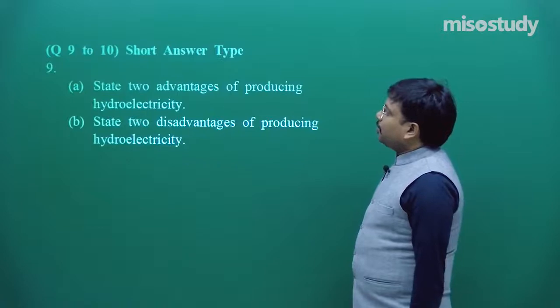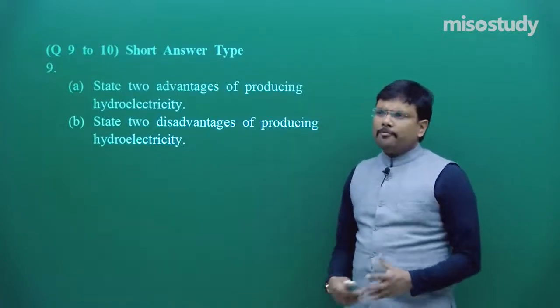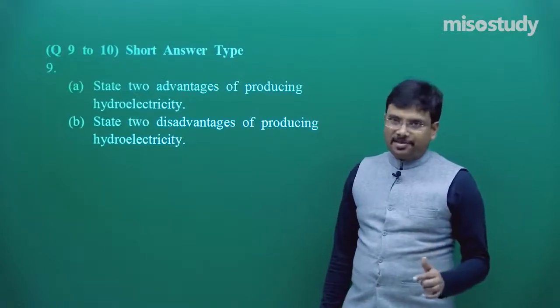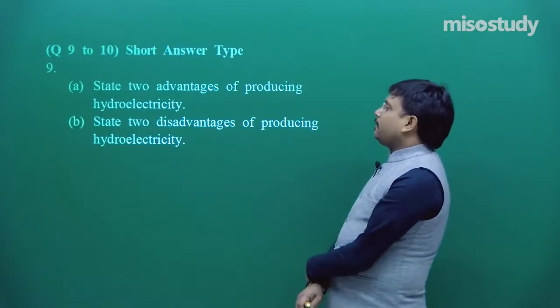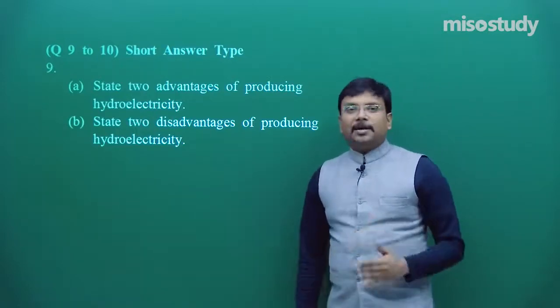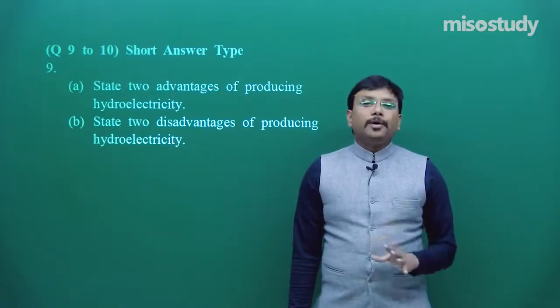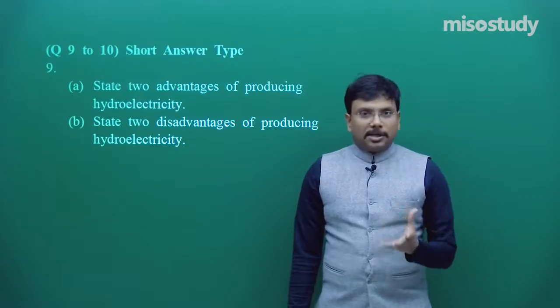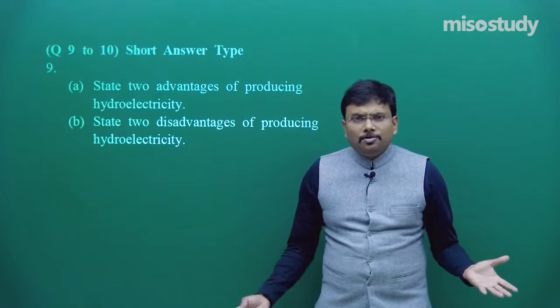Then comes question number 9 to 10 and they are short answer type, where you have to write down 1 or 2 sentences. So, let us try to analyze. State 2 advantages of producing hydroelectricity. Well, first advantage of hydroelectricity, it is clean, not producing any pollutant, like sulfur dioxide, nitrogen, because nothing is burning.